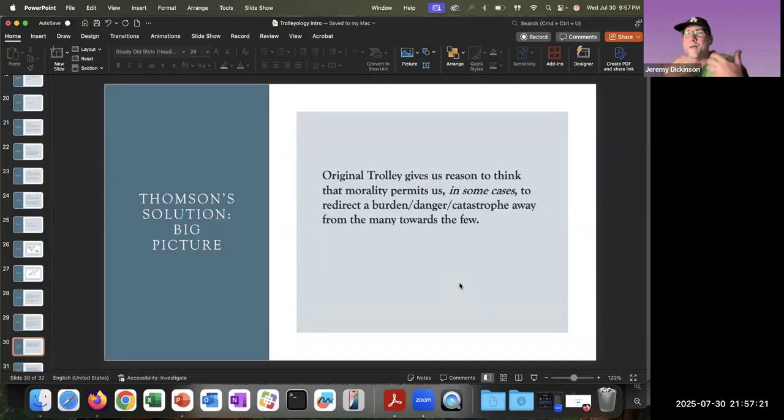How do we program a car, as it were, to decide those things? But that'd just be a way of thinking about the ethics of redirecting danger from the many to the few, as I like to put it. Okay. Morality seems to suggest that at least sometimes it's okay.